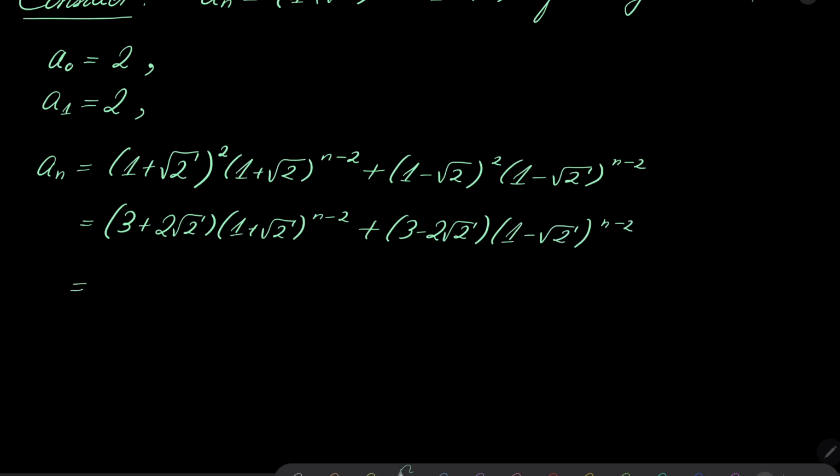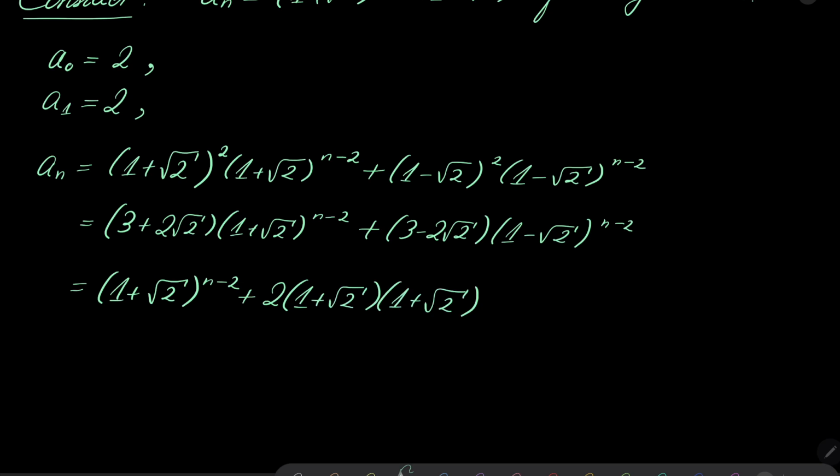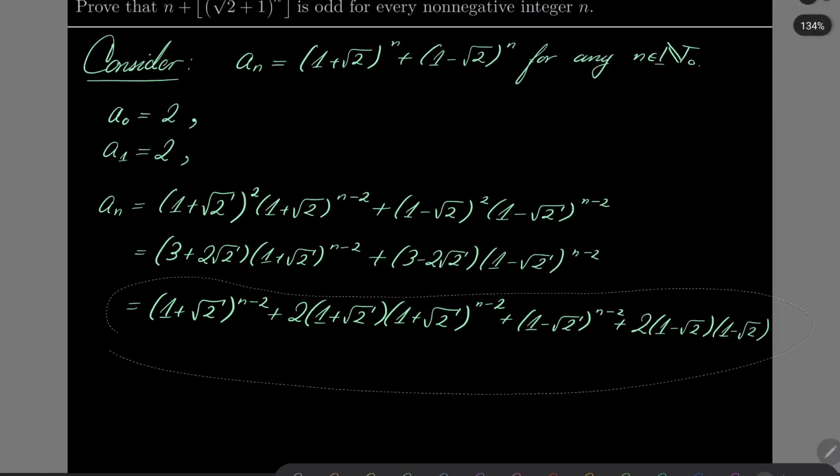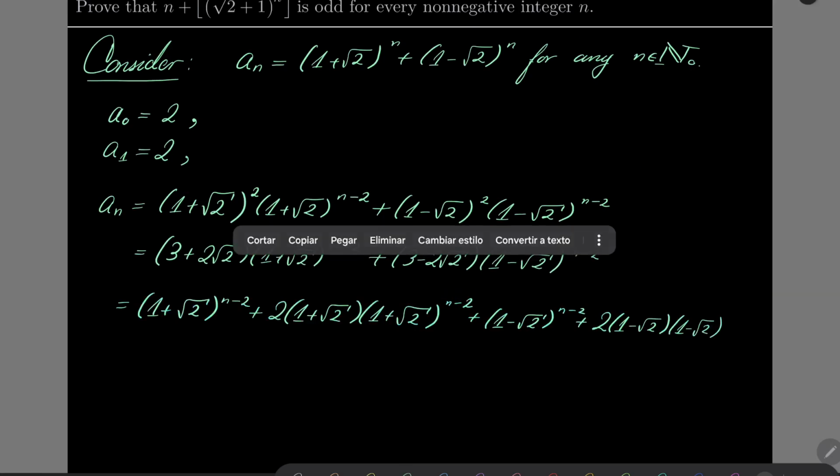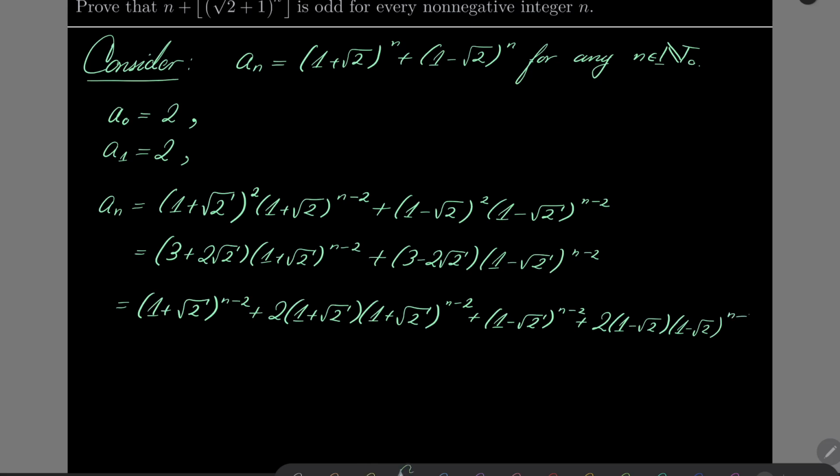And now I will write it in the following way. I will write (1 plus square root of 2) to the power n minus 2 plus 2 times (1 plus square root of 2) times (1 plus square root of 2) to the power n minus 2, plus (1 minus square root of 2) to the power n minus 2, and I will write 2 times (1 minus square root of 2) times (1 minus square root of 2) to the power n minus 2.